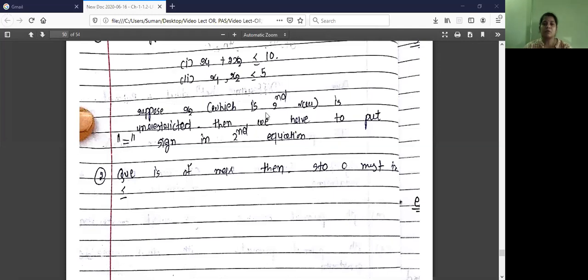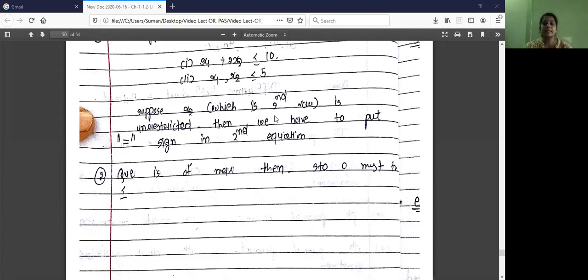Suppose x2, which is our second variable, is unrestricted in sign. If x2 is unrestricted in sign in the question, then we have to use the equal to sign in our second equation when we make the dual.